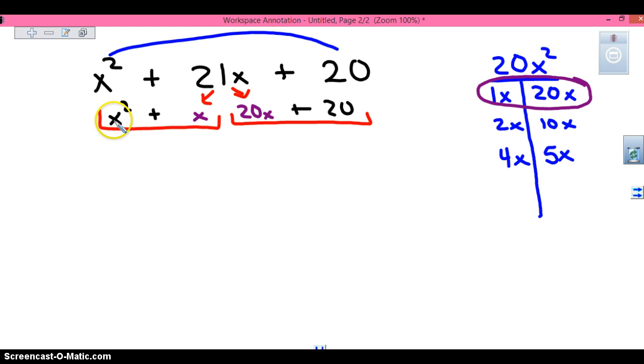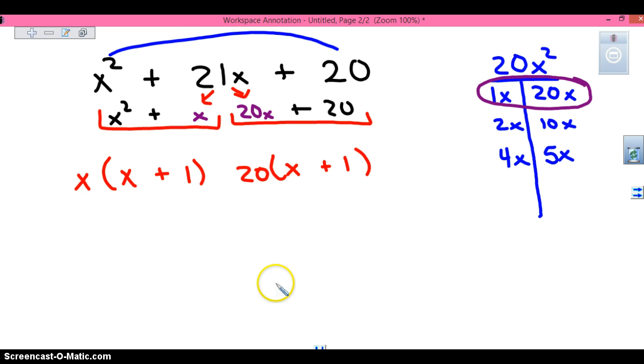The greatest common factor of x squared and x would be x. x squared divided by x is x. x divided by x is 1. The greatest common factor of 20x and 20 is 20. 20x divided by 20 is x. 20 divided by 20 is 1.